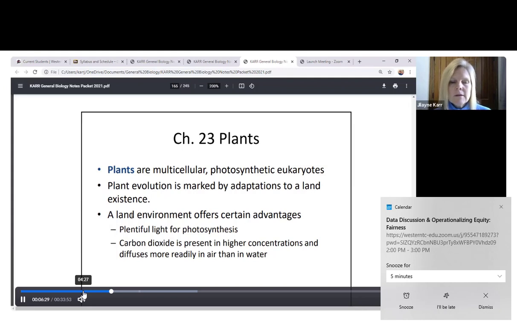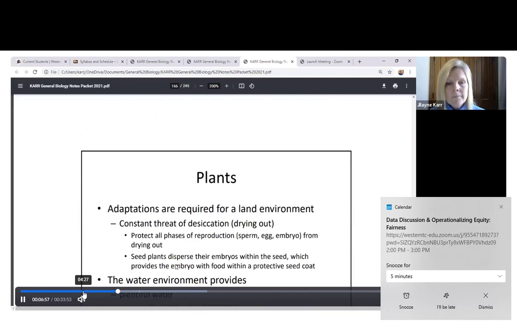So these can live on land away from water, and the benefit of a land environment is there's lots of light out on the surface, and carbon dioxide is present in higher concentrations in the air than in the water, so that allows for good photosynthesis, because we know carbon dioxide is a key reactant, a necessary component of photosynthesis. So we find that much higher in the air than in the water.